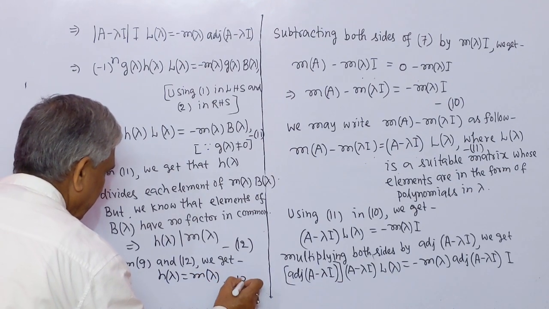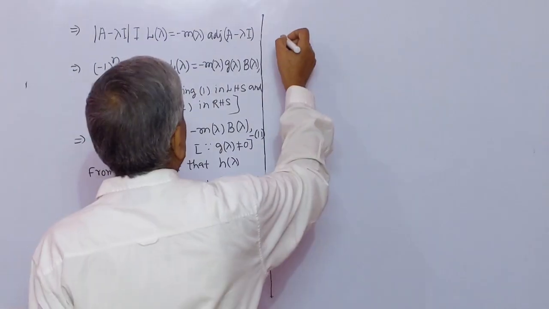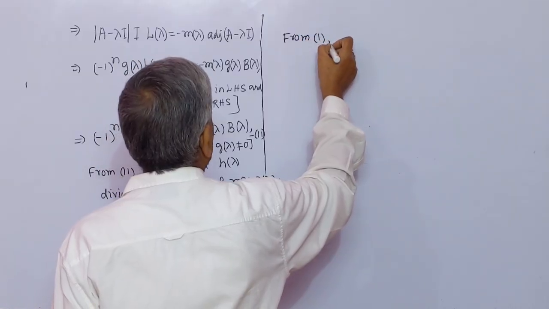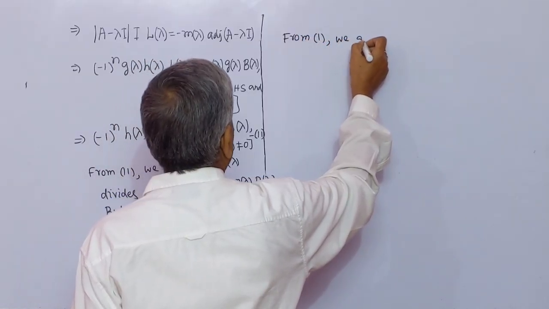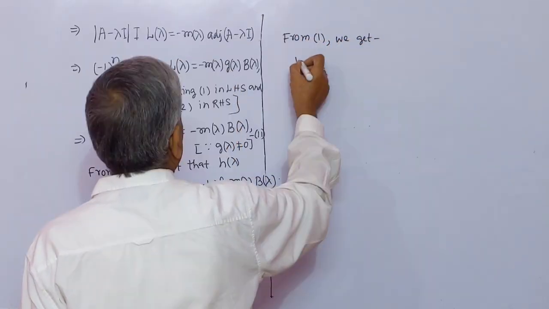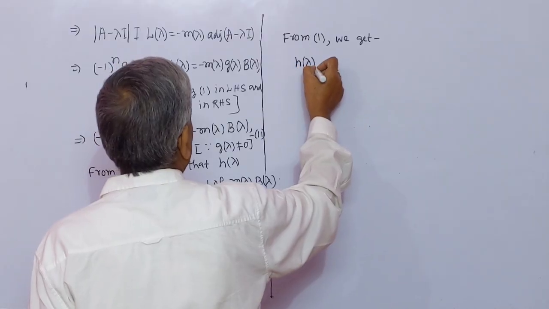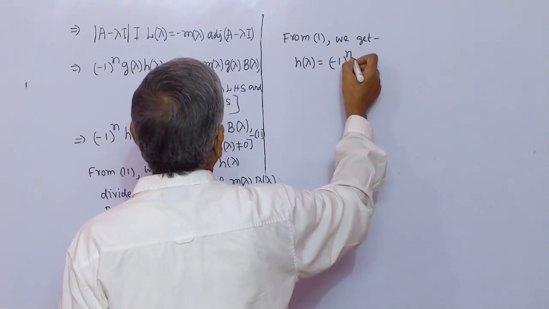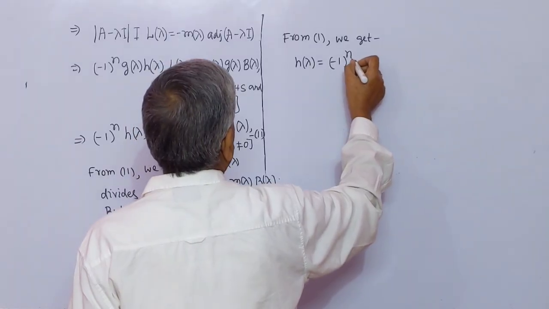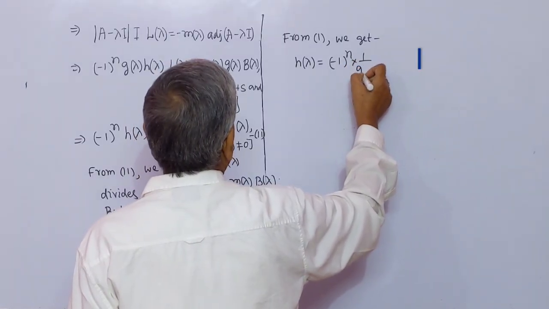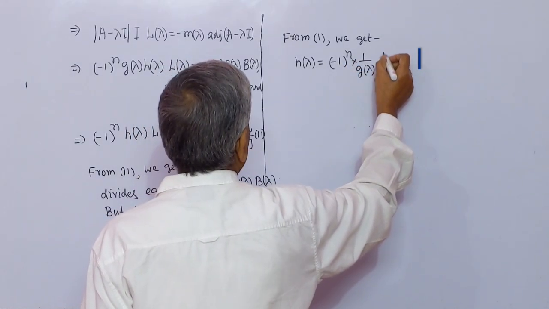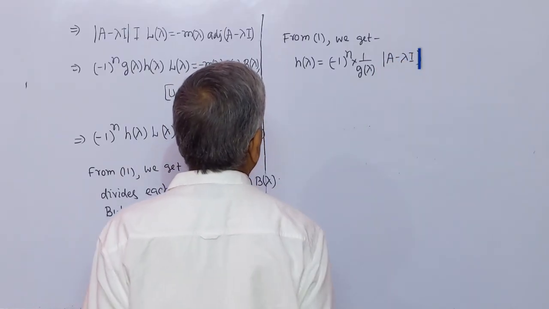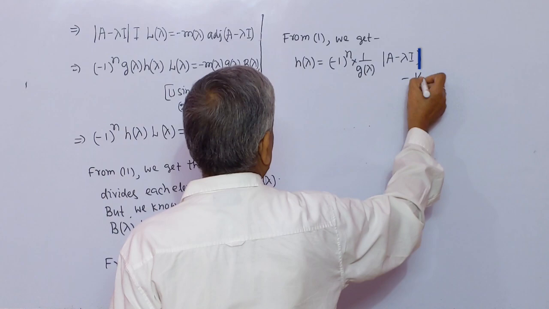This is number 13. From 1 we get that h lambda equal to minus 1 to the power n multiply 1 by g lambda, determinant of A minus lambda I. This is number 14.